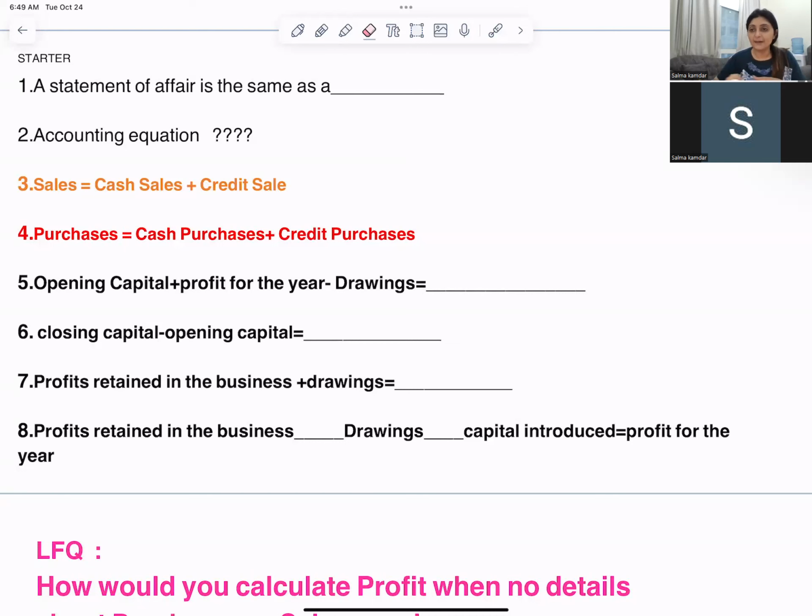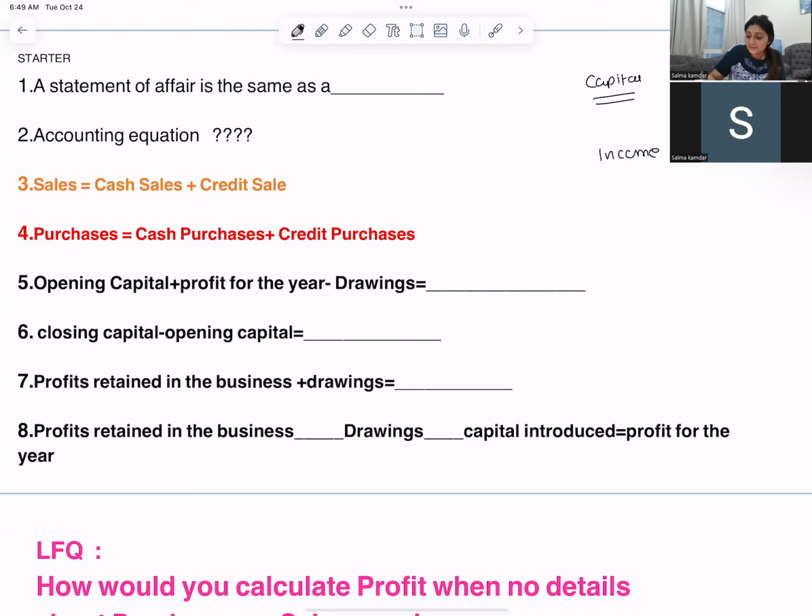We are doing the second part of the basic explanation of the incomplete records. So let's see. In incomplete records, your main purpose is to find out profits. And you can find out profits by preparing either a capital account or an income statement account.